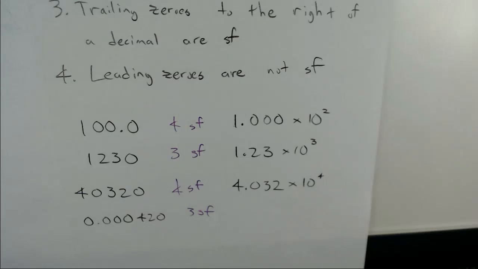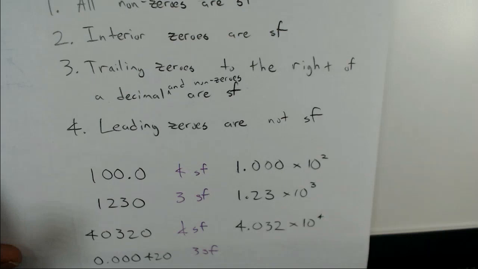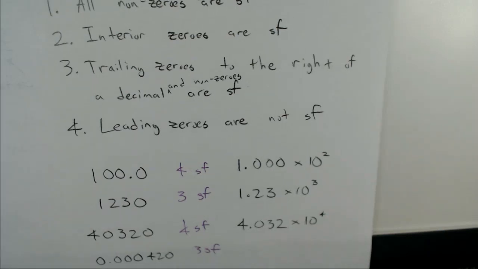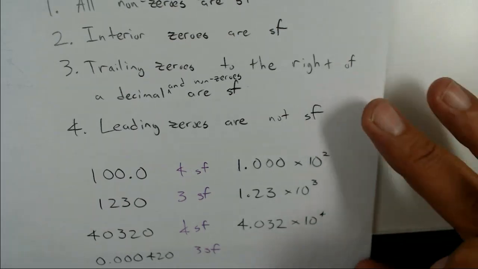So it might seem a little ambiguous with rule number 3. So I think we should add there to the right of the decimal and non-zeros. So let's go ahead and add that in here. Usually people don't add that little wording there in the rule though, so make sure you guys aren't messing up with that.